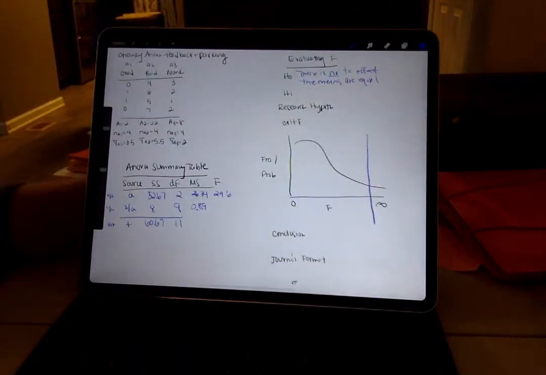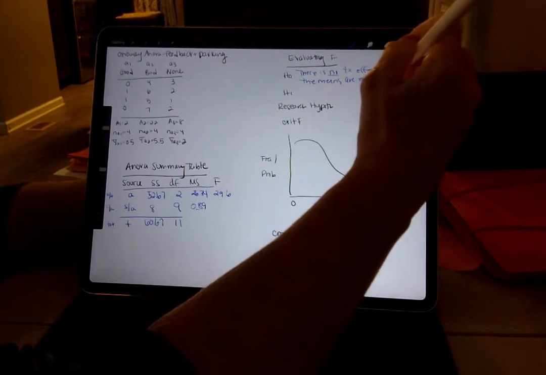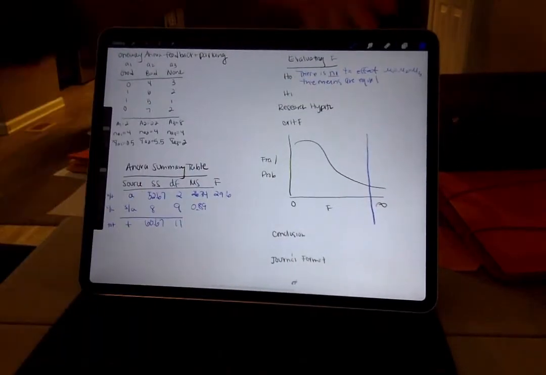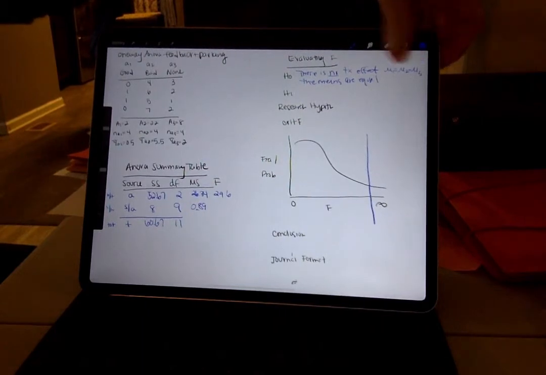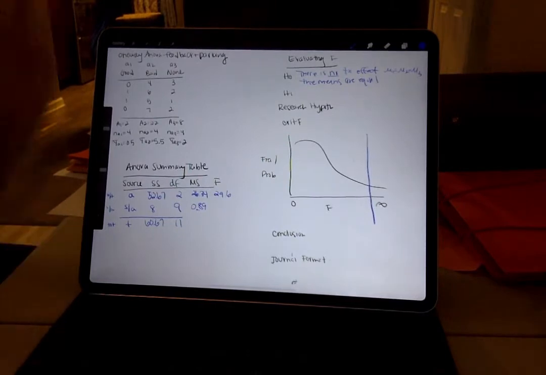All right, those two phrases mean exactly the same thing. And you could also say the same thing using the mu's. So mu1 equals mu2, and in this case we've got 3 groups. So if you're going to use the mu's, you have to have the right number of groups in here. So mu1 equals mu2 equals mu3. All 3 of those statements mean the same thing. If I ask you to write a null hypothesis, any one of those would suffice.